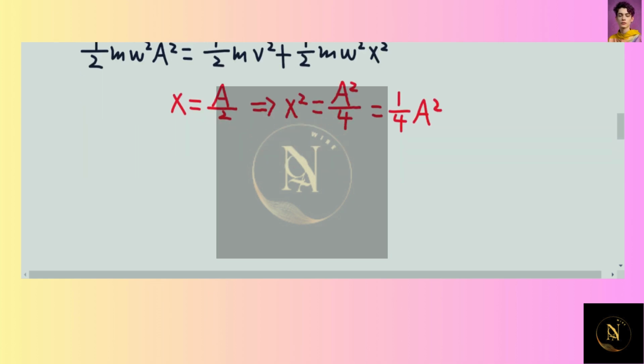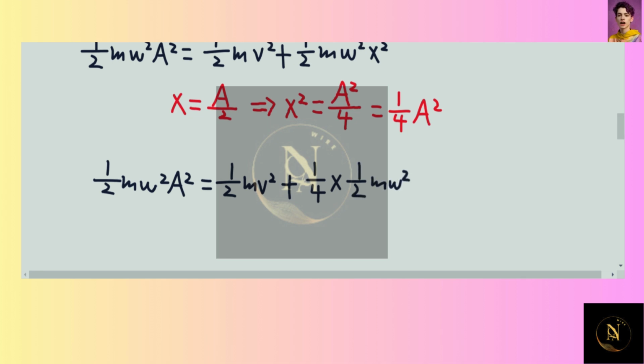Which means that we'll have 1/2 m omega squared a squared is equal to 1/2 mv squared plus 1 over 4 times 1/2 m omega squared a squared.